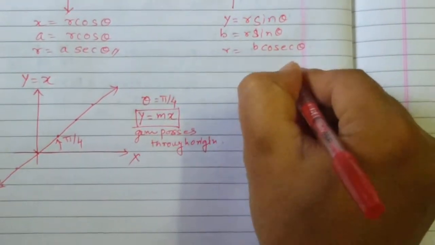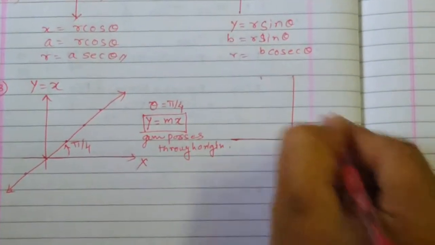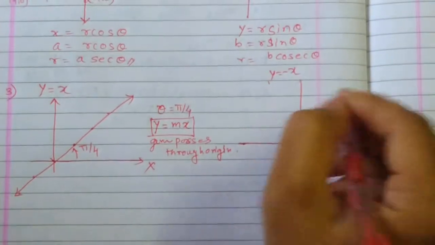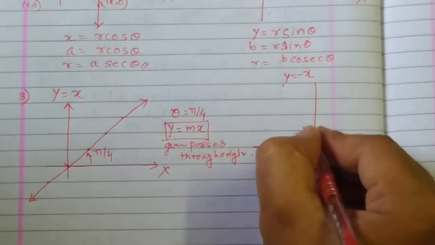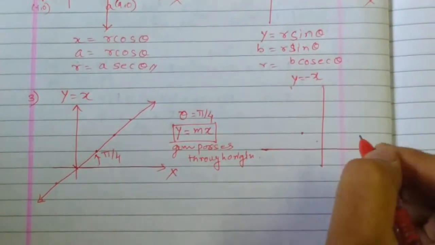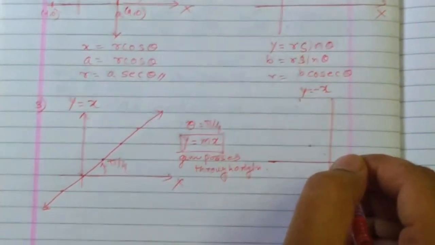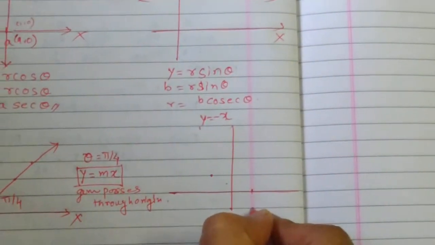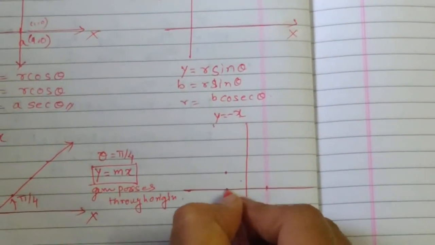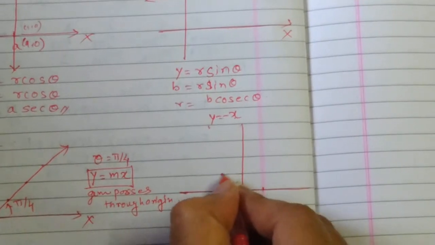Similarly we can draw the line y is equal to -x. Here whatever the x coordinate, its negative is your y value. When x is 1, the value of y will be minus 1, so this point will come. But when x is minus 1, the value of y will be plus 1.